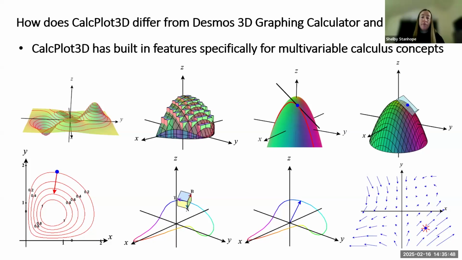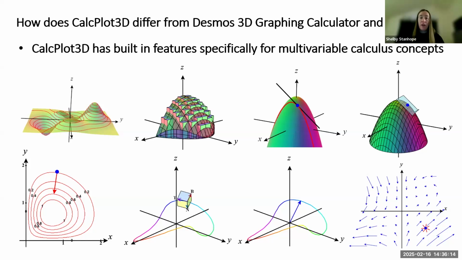So for example, any one of these graphs, you may be able to create an applet for within GeoGebra, but you may find yourself sinking a lot of time into creating that demonstration. Whereas in CalcPlot3D, there are just a series of checkboxes and drop-down lists to select in order to create these powerful visualizations very quickly.